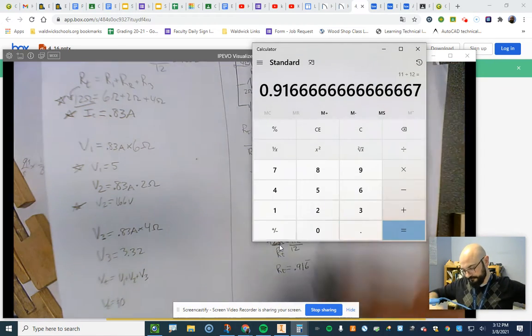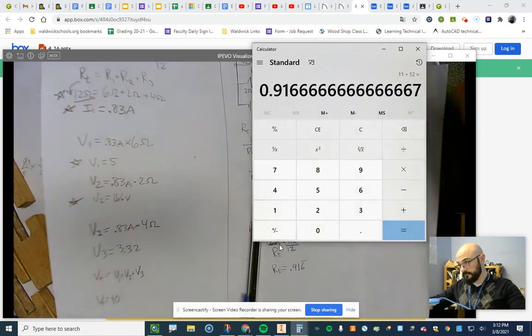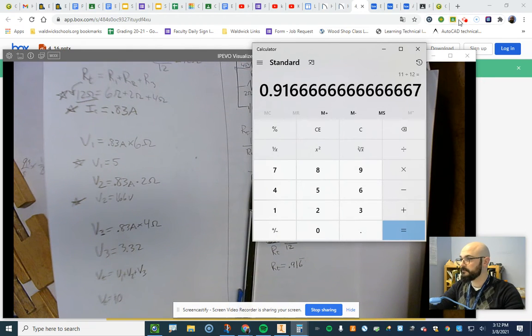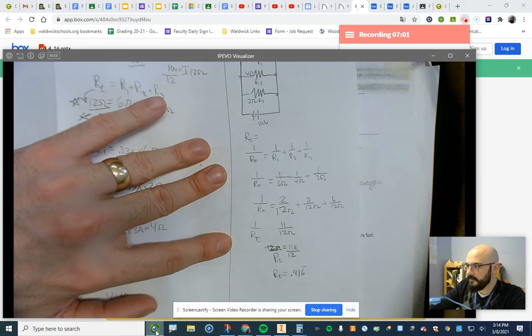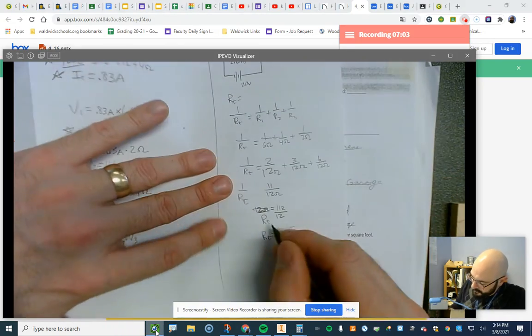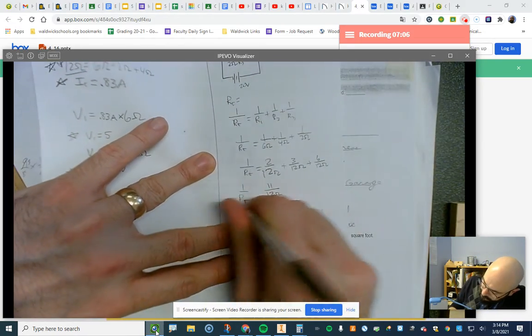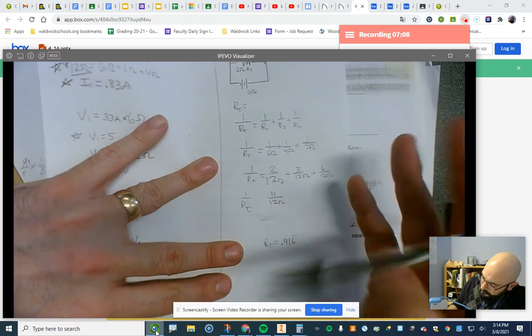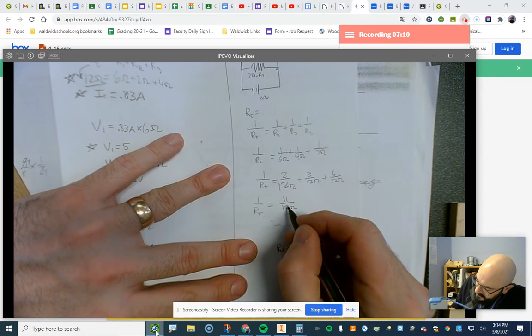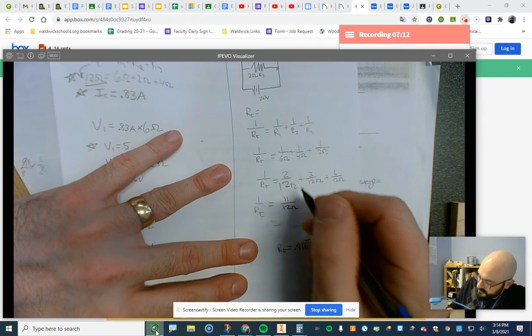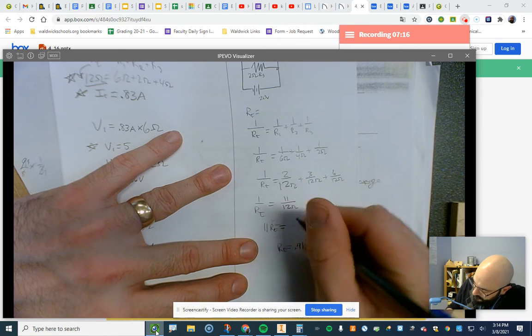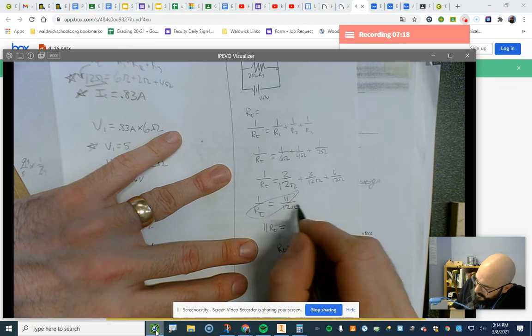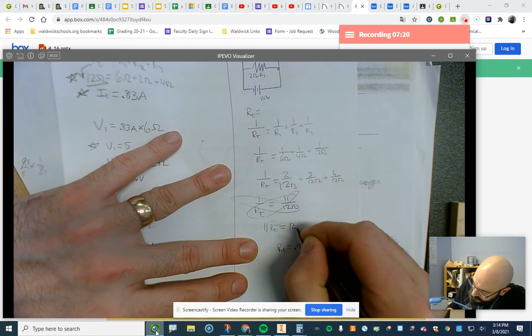All right. Let's just check this. I've made a critical error right here. So here, what I ended up doing, I said 1 over RT equals 11 over 12 ohms. Now it becomes 11 times RT equals, because I'm cross multiplying, okay, and then I end up with 12 ohms.